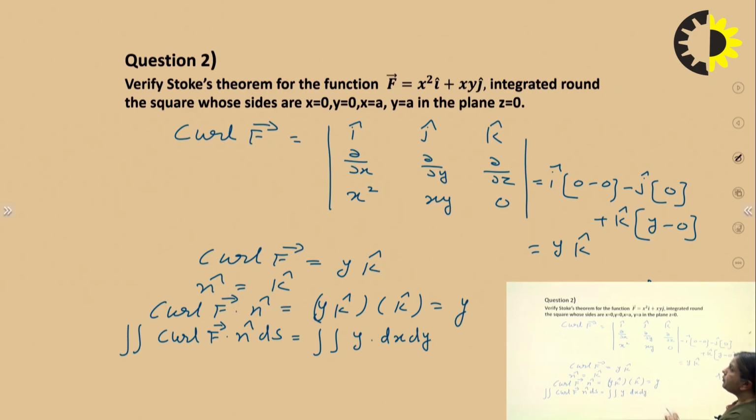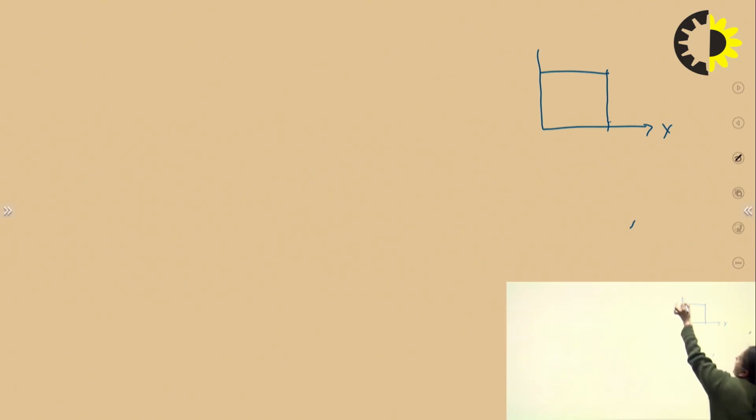And what will be the coordinates of xy? To find the limits, we have to draw the diagram of the square. Sides are given already: x equal to 0, y equal to 0, x equal to a and y equal to a. So if we draw the square, suppose this is the x-axis and this is the y-axis.